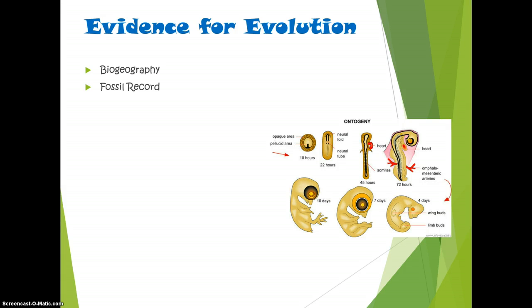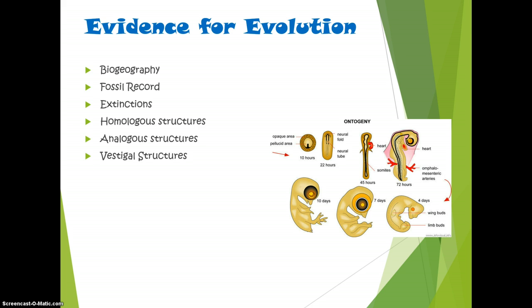We'll talk very briefly about biogeography. There's not a lot there that you need to know. Then fossil records, extinctions, homologous structures, analogous structures, vestigial structures, DNA, embryology, and I think that's really all we're going to talk about right now. Embryology we'll get to when we get to that slide.